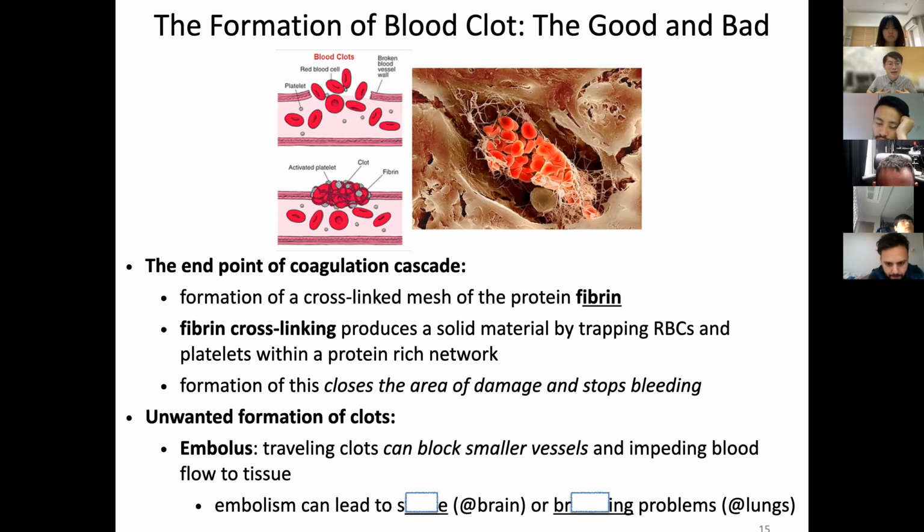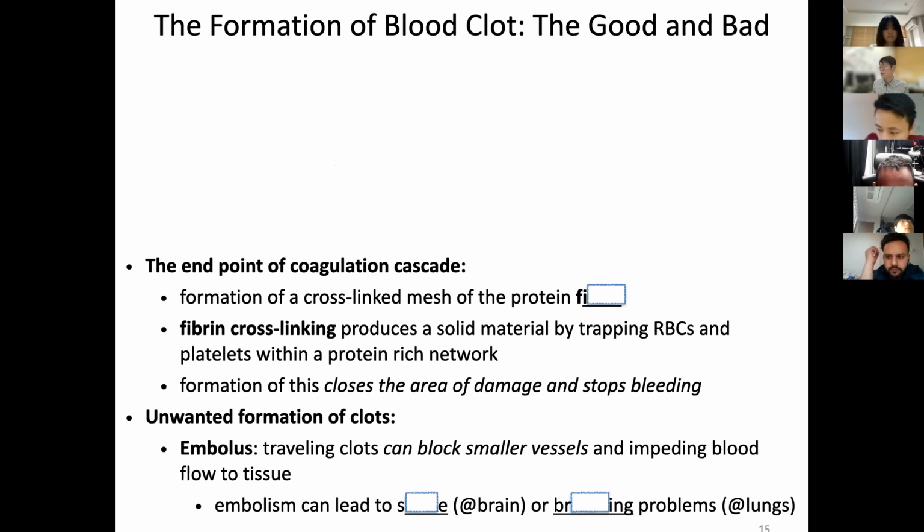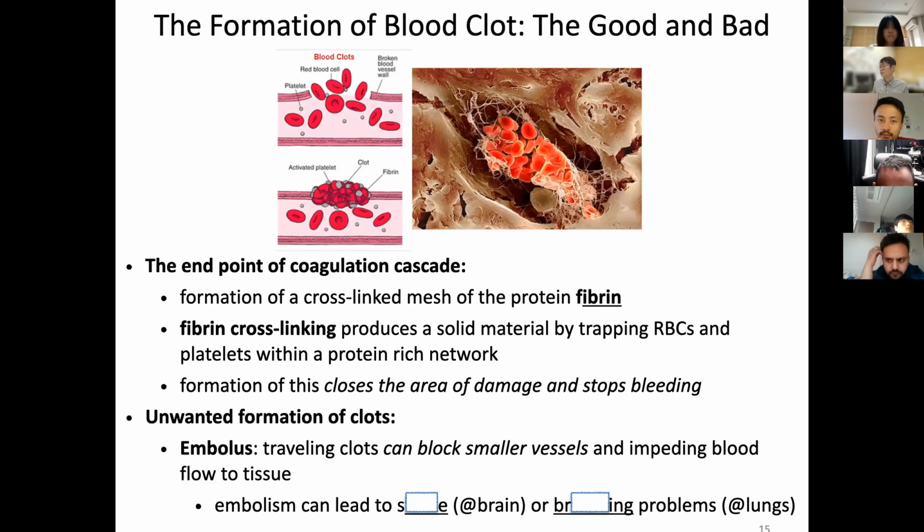Many times it's in the lung, but sometimes when it goes into the brain, it becomes a bigger problem because it will impede or block blood flow to tissue. So if an embolism lodges in the brain, it can lead to stroke, and if it lodges in the lungs, it can cause a breathing problem. Of course, it's a lung.